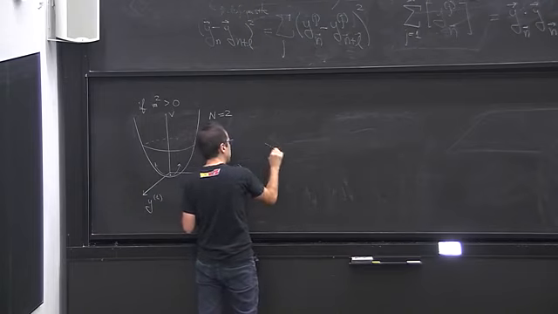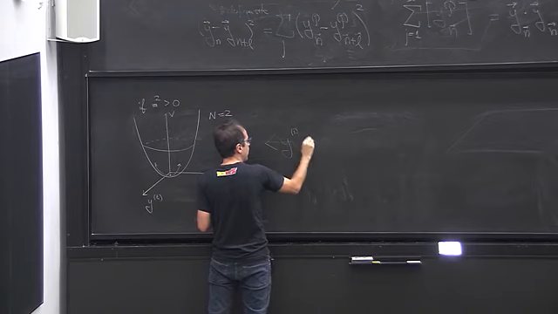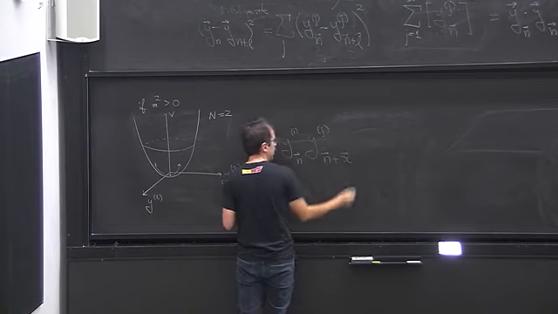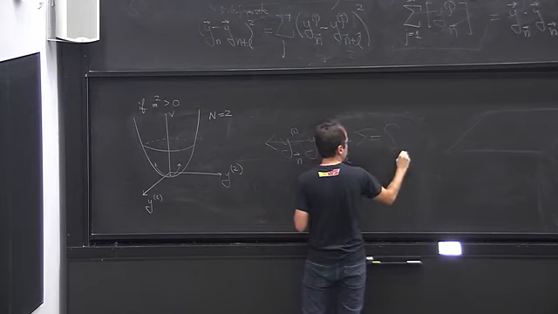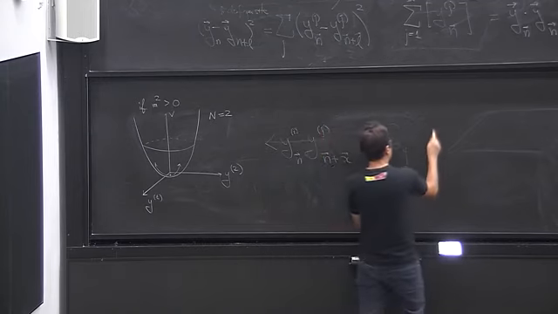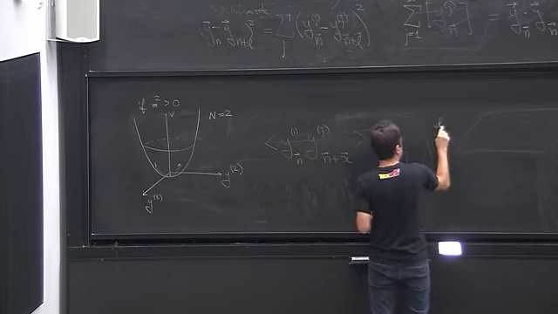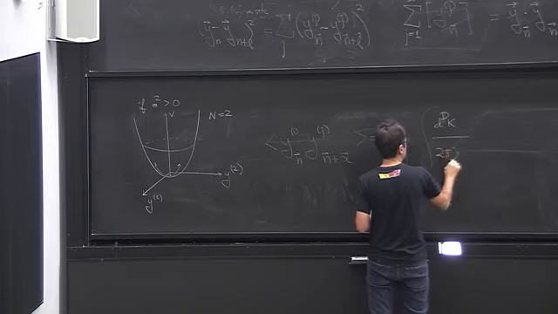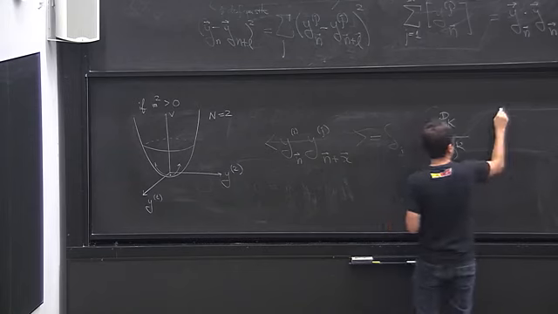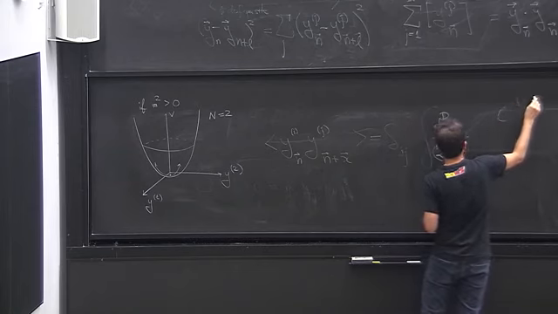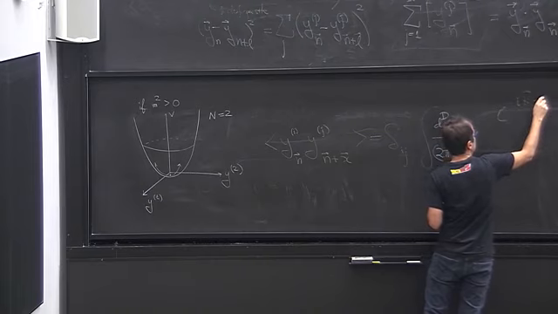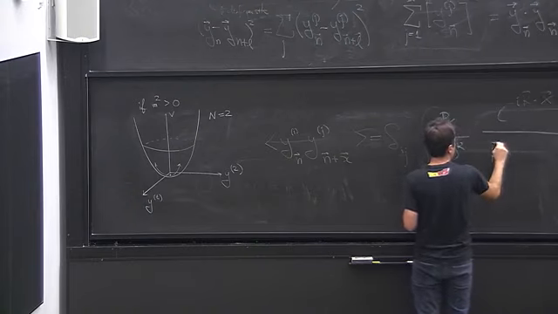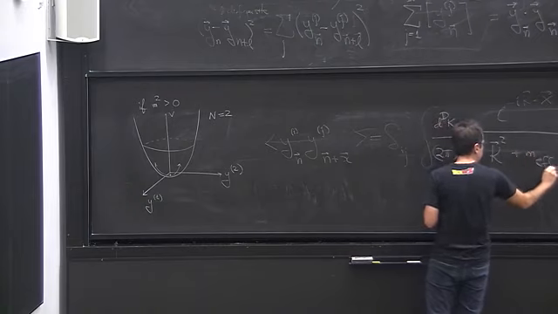And therefore, for example, the correlation function between a y_i at position x and y_j at position x plus x' would be just delta_ij times the integral, in d dimensions, d^d k over (2 pi)^d, e to the minus i k dot x, divided by k squared plus m effective squared.